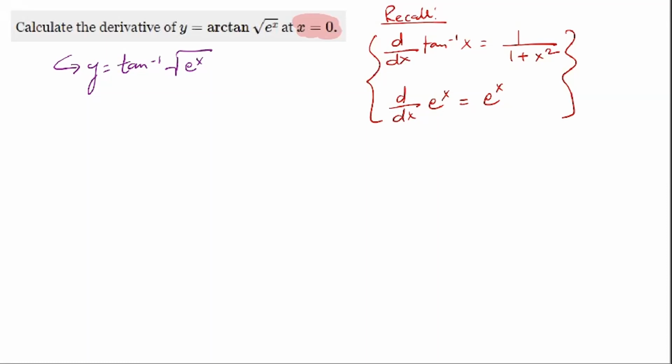As usual, let's write dy over dx, which is d over dx of tan inverse of e to the power x. And like we just did earlier, we have to use the chain rule. So how do we use the chain rule? d over d of tan inverse of, and I'm going to write e to the power x for this.